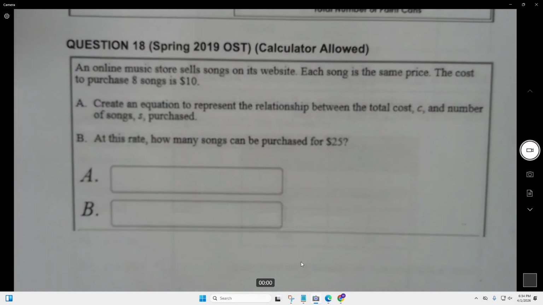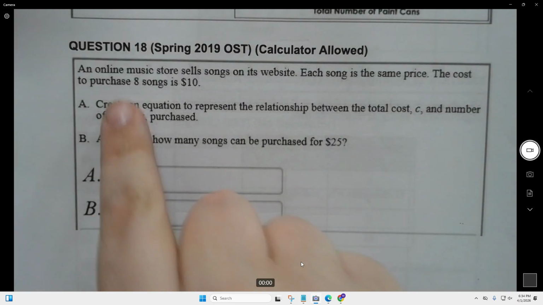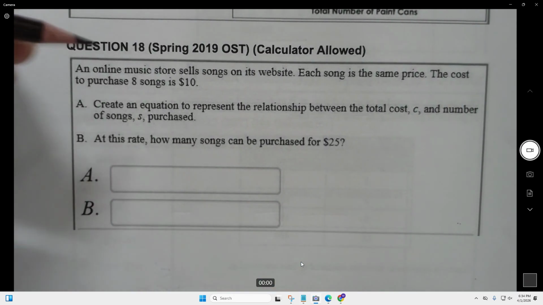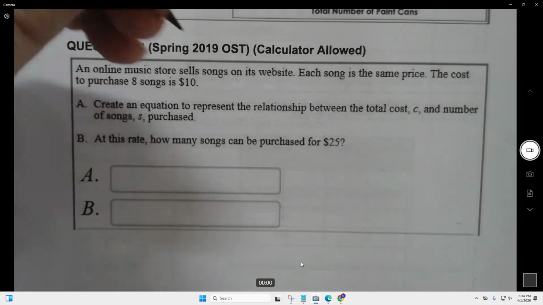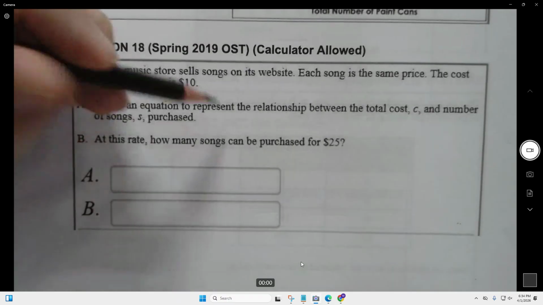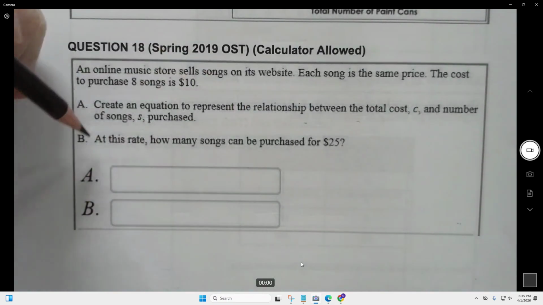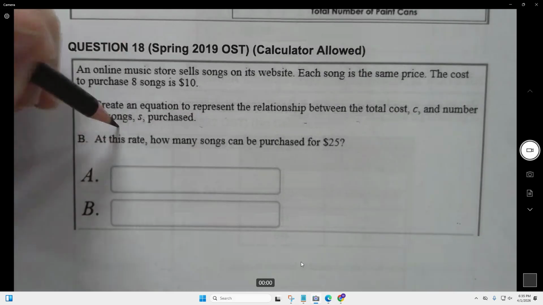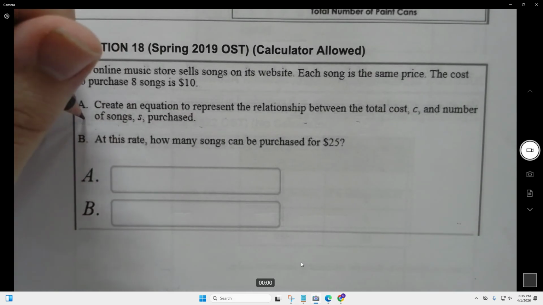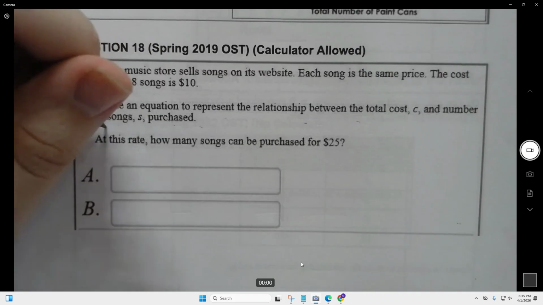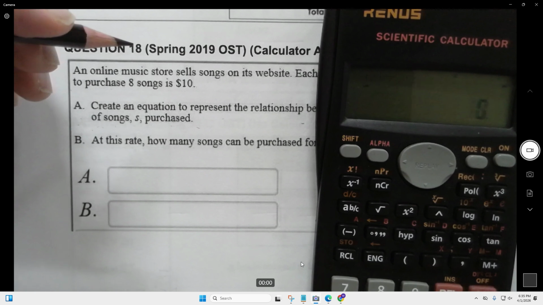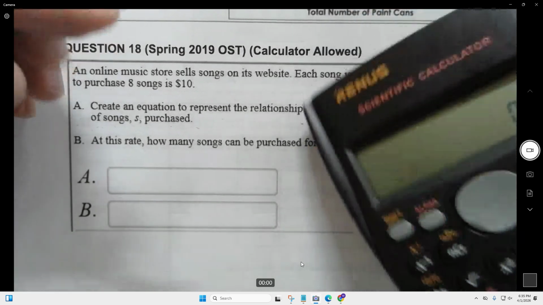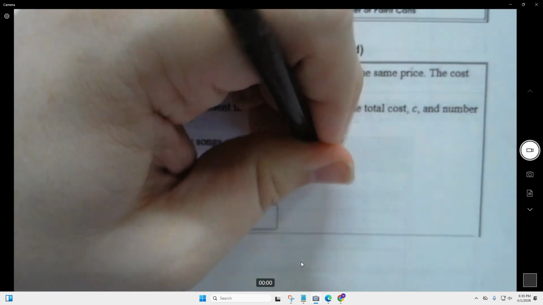Question 18. An online music store sells songs on its website. Each song is the same price. The cost to purchase 8 songs is $10. Create an equation to represent the relationship between the total cost and the number of songs purchased. Okay, so we have to find the cost per song.